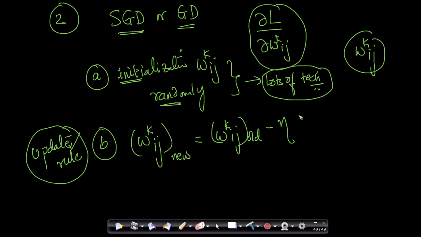Then you have to compute the partial derivative of L with respect to Wkij. So when you initialize it, which means at iteration 0, you will have a random value. You'll compute the new value by taking the old value and subtracting, with of course, this learning rate.